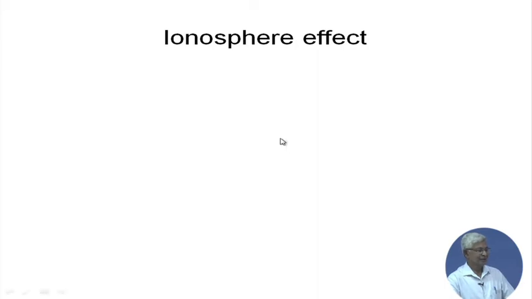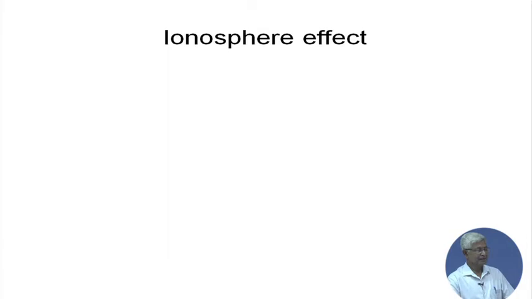Now, ionosphere, from our school days we are aware that it is high above the Earth's surface, of the order of 700 kilometers above, that is 1000 kilometer, or even higher above that. The oxygen molecules break up due to Sun's effect, and we have free electrons and ions that move around.